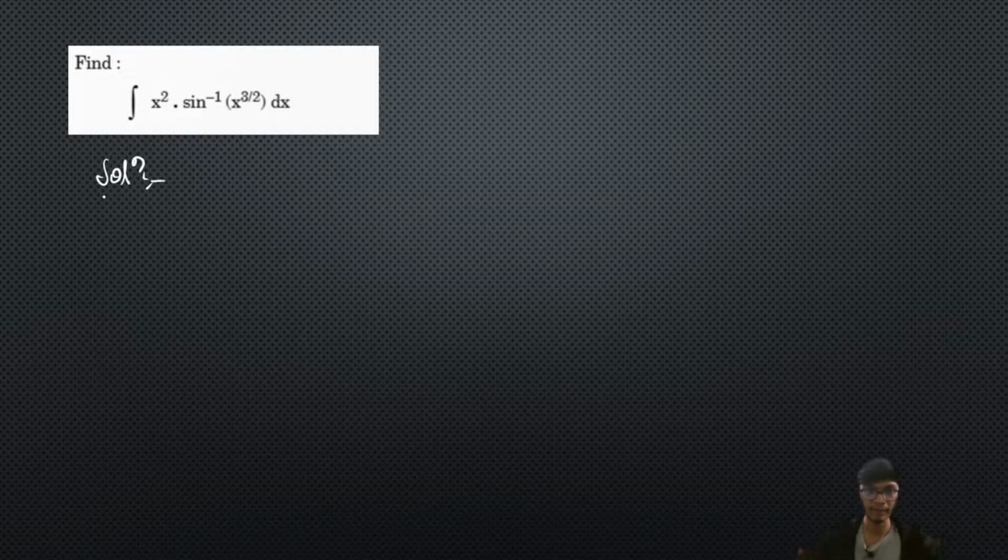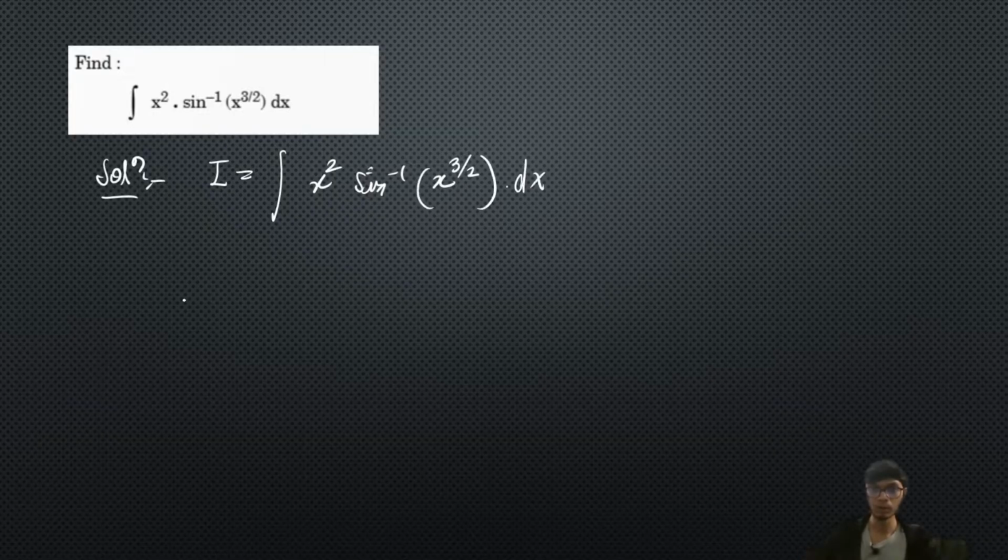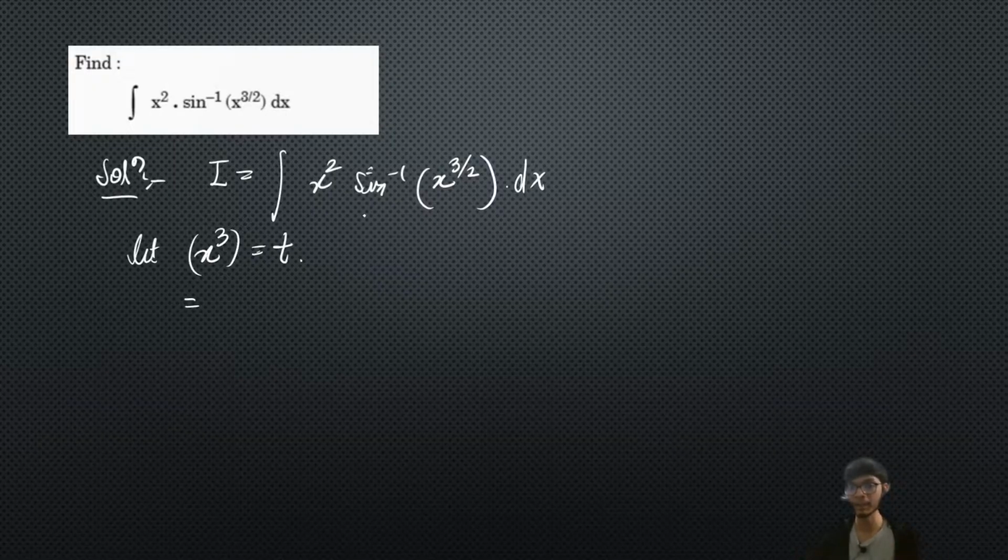So we will again write it as, let the integral I be equal to integral x square sine inverse of x to the power 3 by 2 dx, right? So now you must be wondering how to proceed with this problem, right? So another very important and interesting step over here is that let's assume x cube is some variable t.